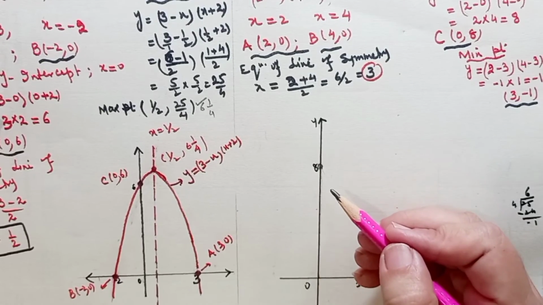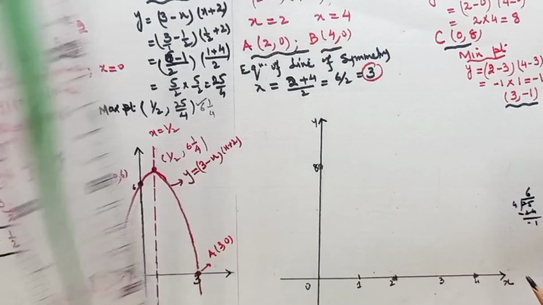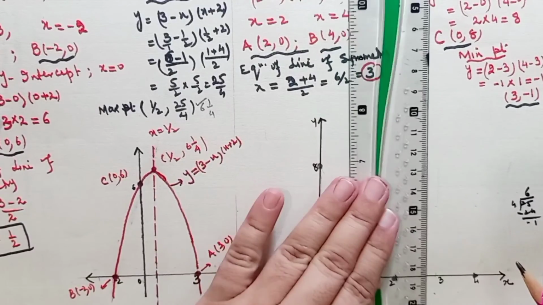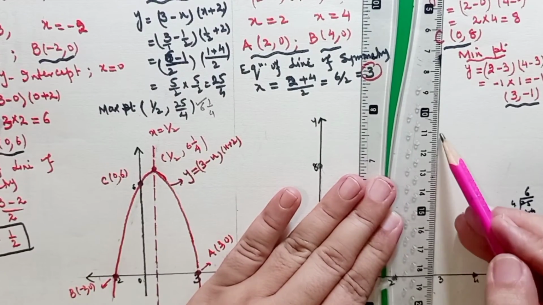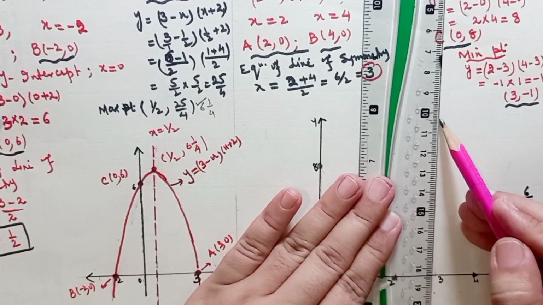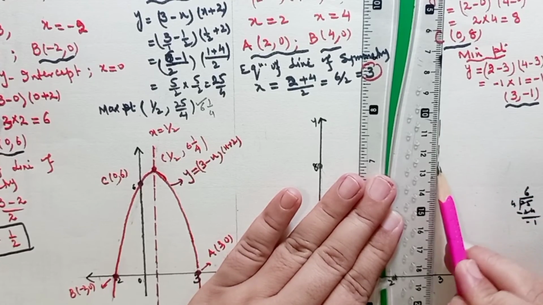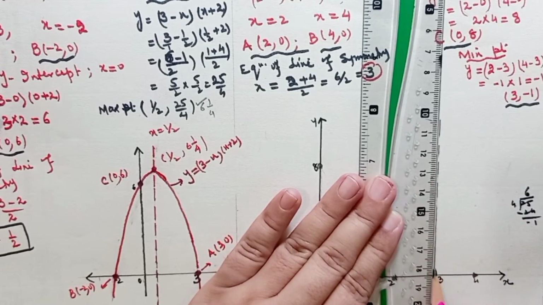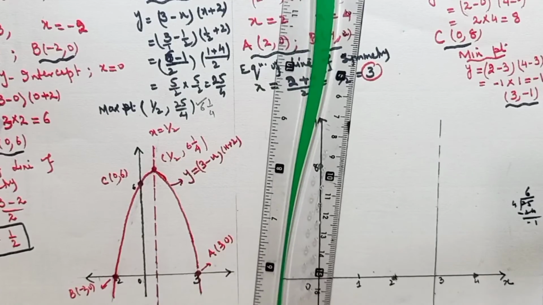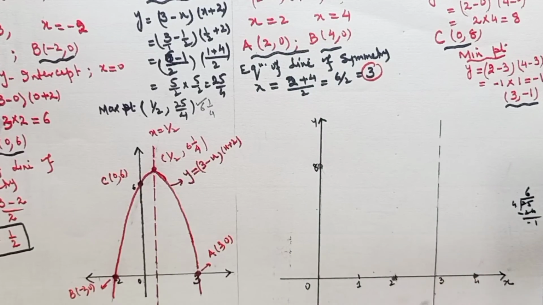First we have to draw the line of symmetry. The line of symmetry is at x equals 3, so draw the line of symmetry. This is x equals 3, and the minimum point is (3, -1).